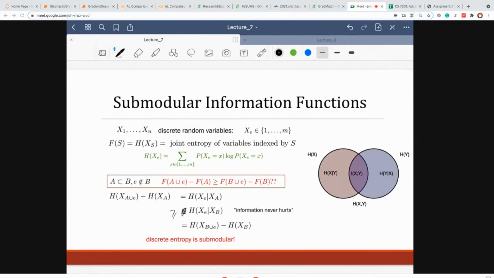So if you are given random variables X1, X2 until Xn, and you have a subset A belonging to 1 to n, where this notation N is nothing but 1 until n, then for any subset A, you are defining X_A as the set of random variables defined with respect to A.